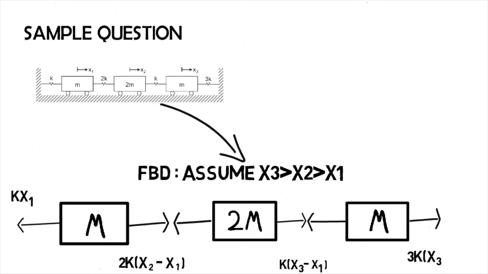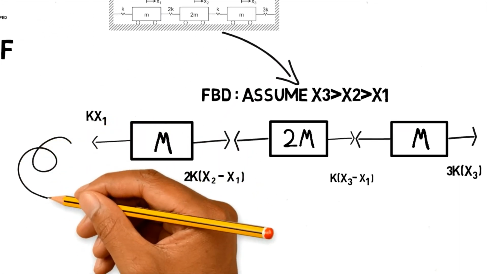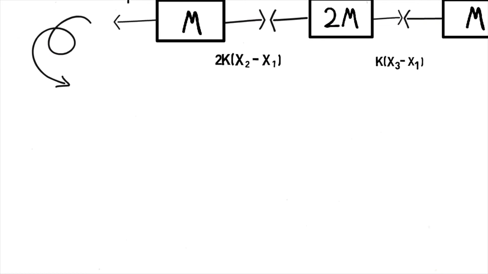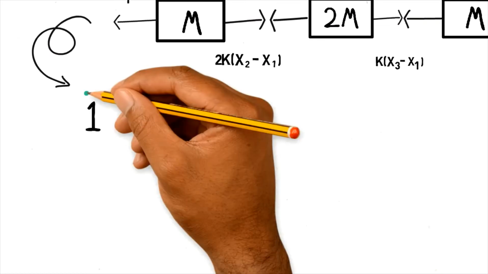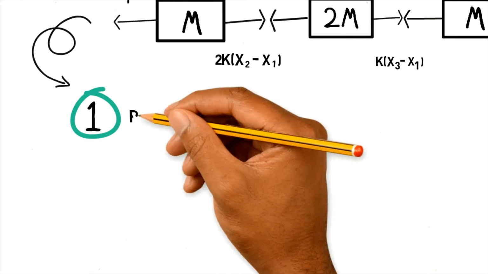From the FBD created, the equation of motion of the vibrating system by using potential energy and kinetic energy equation can be classified.